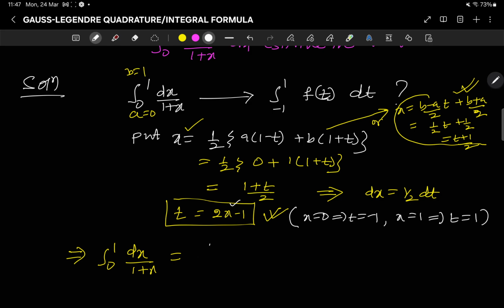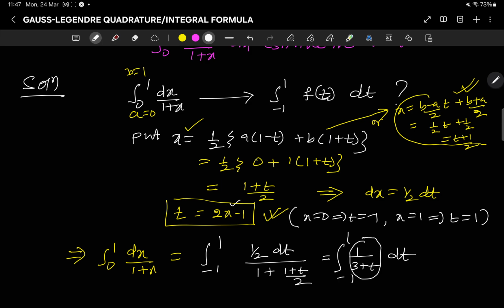So it is by default minus 1 to 1. Here dx is half dt divided by 1 plus x, which is (1 plus t) by 2. So this is equal to the integral from minus 1 to 1 of 1 by (3 plus t) dt.